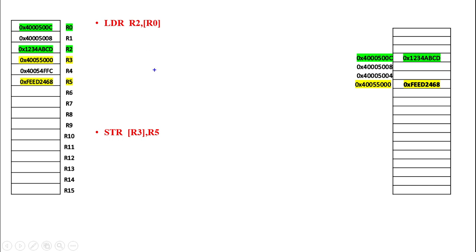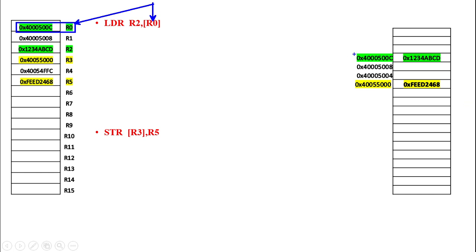I'll show you what R0 is here. The thing I have highlighted in green, you can observe here. R0 is holding 4000500C. Whenever there is a square bracket, it is a memory, so 4000500C is a memory location.